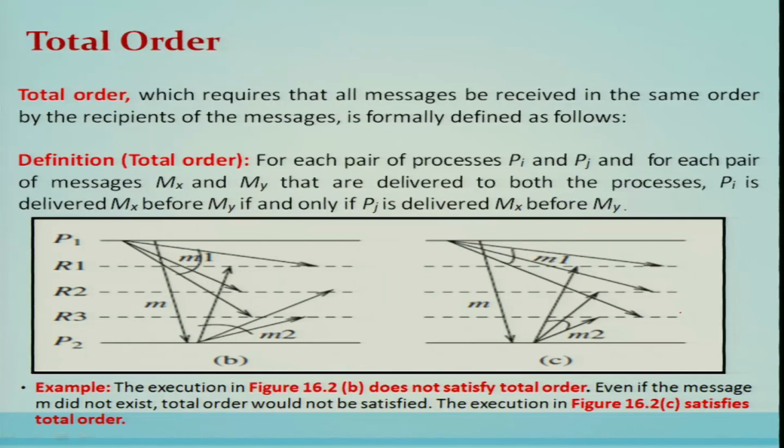So this is called total order. This particular figure I have already explained: this does not satisfy the total order, but this is satisfying the total order. Why? Because every process will have the same view, and if every process has the same view of the message delivery, then it is called total order.